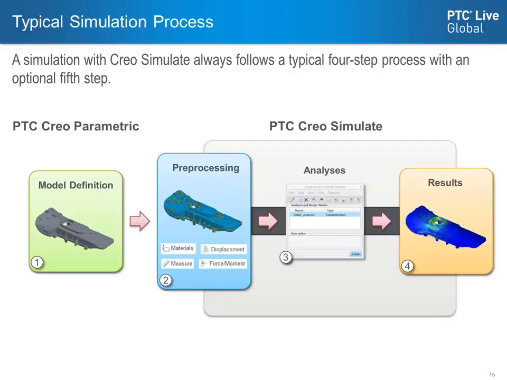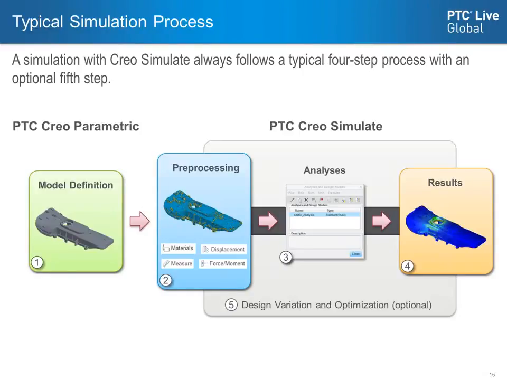Now, I talk about this optional fifth step, and this is the idea of doing design variation and optimization. Not a lot of companies may take advantage of that. I would strongly say you may want to look at it because it adds a lot of value, certainly to your business.